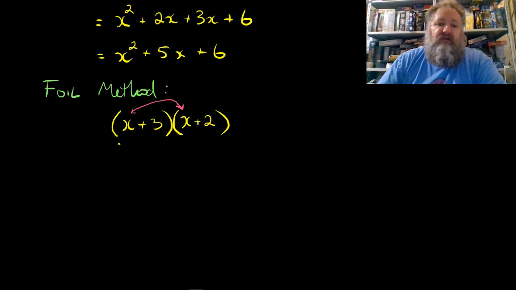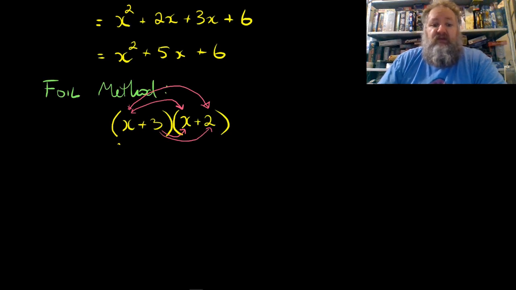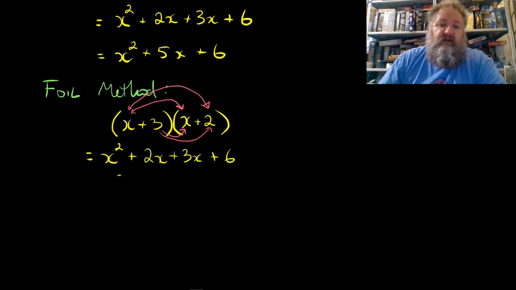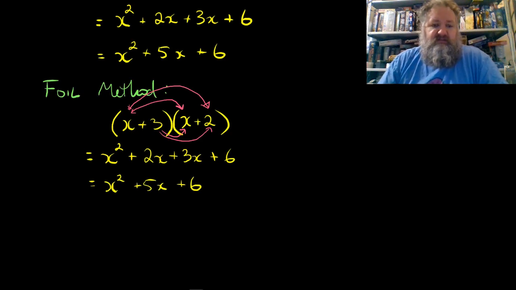You would then multiply the outsides, and then you would multiply the insides, and then you would multiply the lasts. And when you wrote all of those things down as you were doing them, you would end up with the exact same thing as we got from the area method. Righto. Then you would also simplify that, and you'd have your trinomial expression.